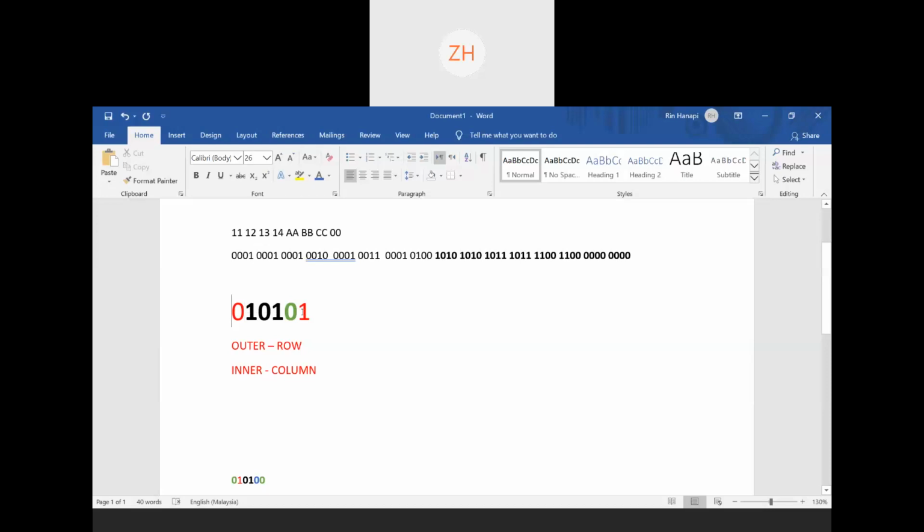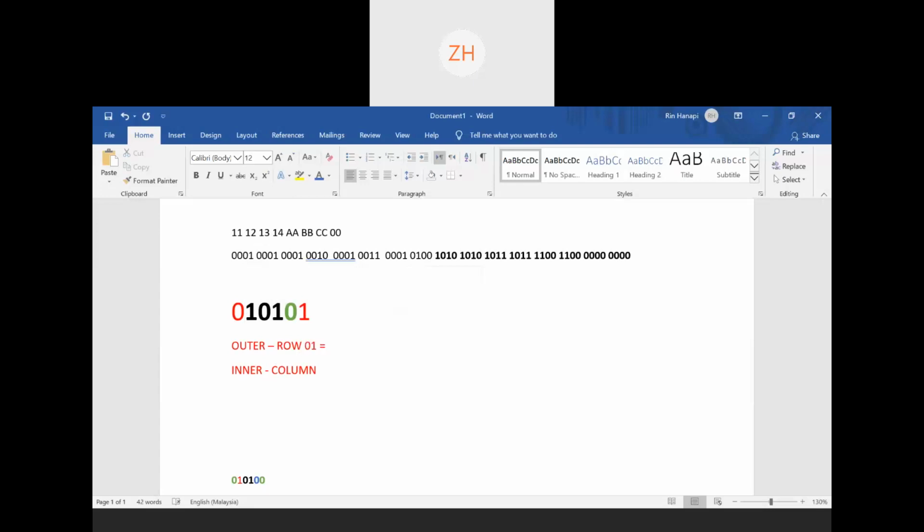To understand the S box, to read data from the S box, this 6 bits has a value. To define a row, it is the value from the outer bits, 0 and 1 here. The inner bits will be the value for the column itself. In this case, for instance, 0, 1 is in binary.